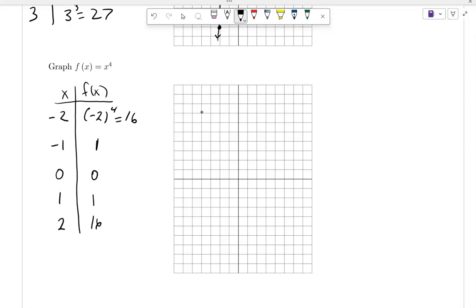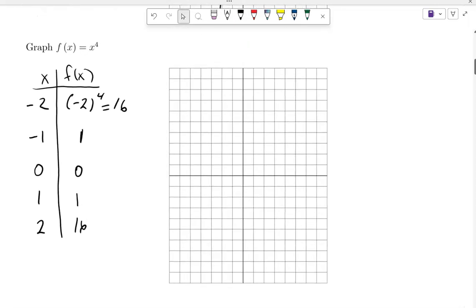All right. I'm going to change my scale a little bit on my y's just so I can actually plot this a little bit more. Okay. I want to make my y's go up by 2 and my x's go up by 1. So negative 2 will be a positive 16. So 2, 4, 6, 8, 12, 14, 16 will be here.